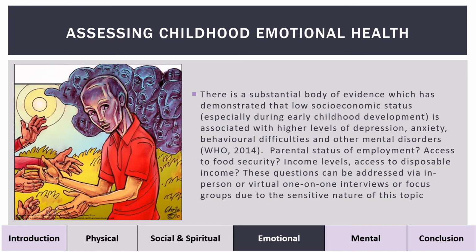There is a substantial body of evidence demonstrating that low socioeconomic status, especially during early childhood development, is associated with high levels of depression, anxiety, behavioral difficulties, and other mental illnesses. Questions regarding parental employment and involvement, access to food security, income level, and access to disposable income can be addressed via in-person or virtual one-on-one interviews or focus groups due to the sensitive nature of this topic.